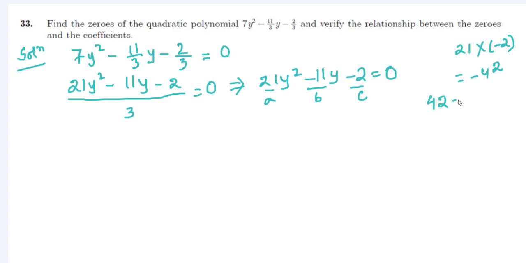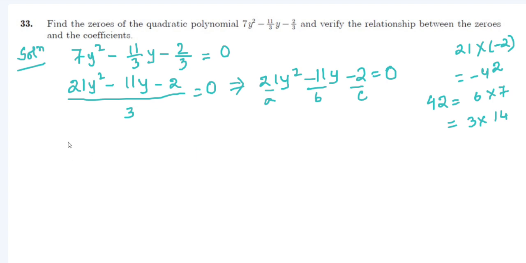We can write 42 as 6 multiplied by 7, or 3 multiplied by 14. 6 multiplied by 7 doesn't give you 11. 3 multiplied by 14, yes, if we do subtraction, it gives us 11.